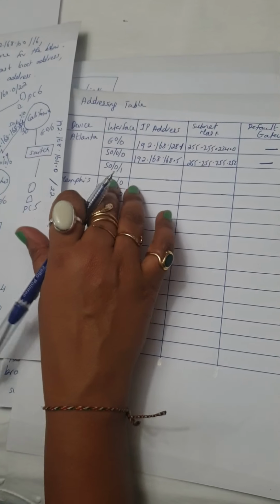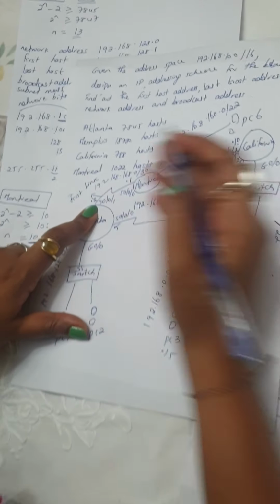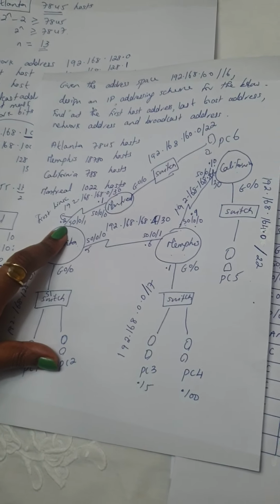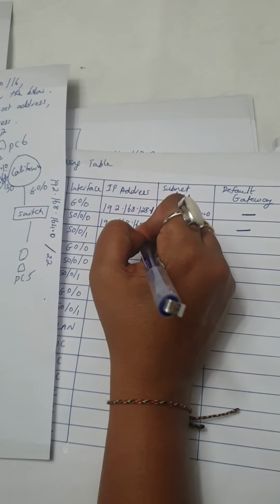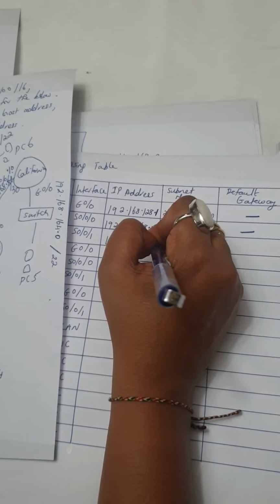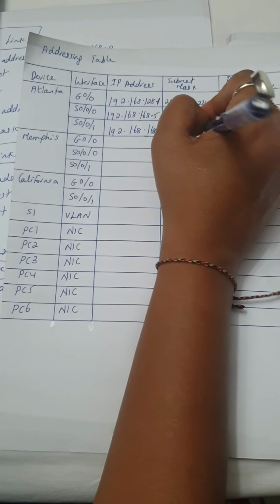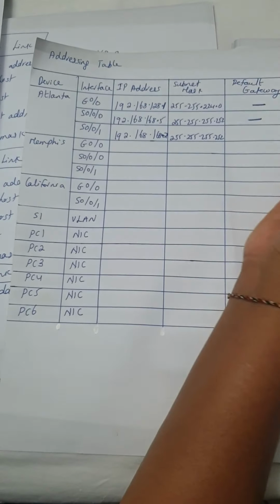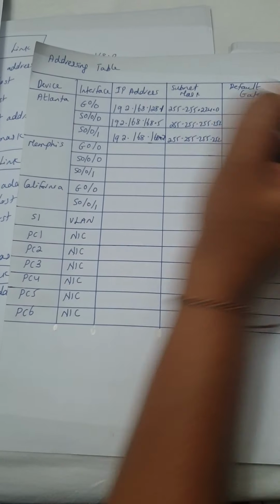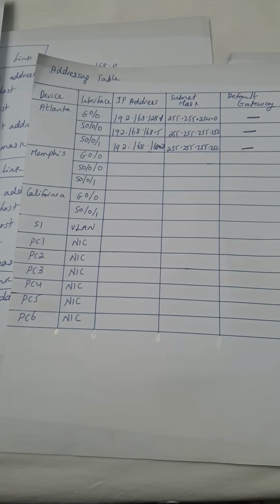Again, for Atlanta, serial 0/0/1, here we are. The IP for this one is 192.168.168.2. Then fill up the subnet mask. Again, it's on the router, we will leave it empty. Now, Memphis gigabit 0/0.